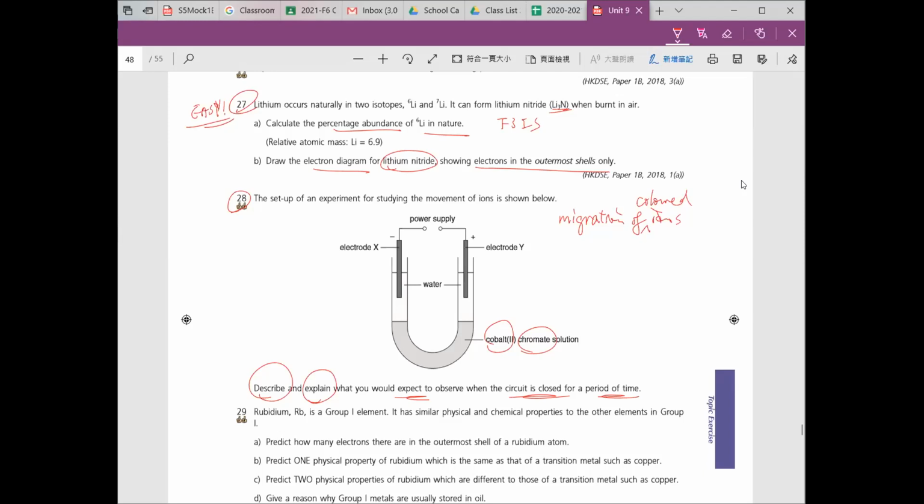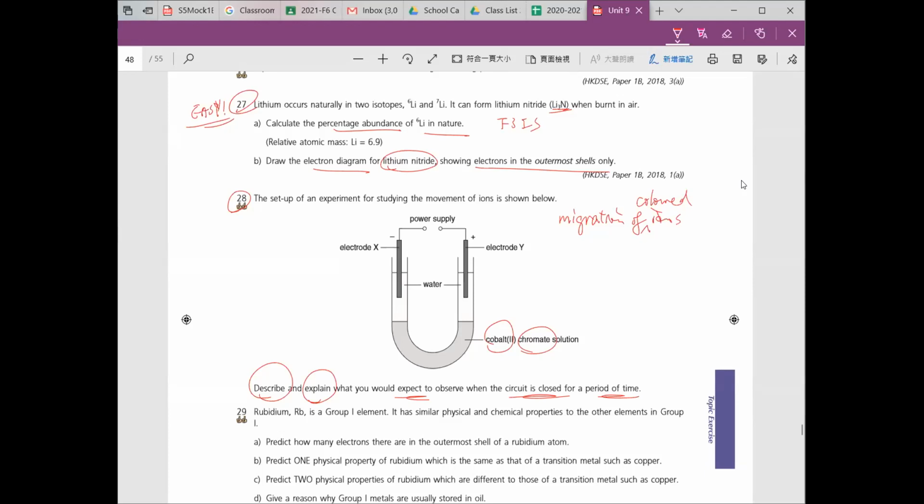Search. You're asking the god of Google. Tell me what is the color of cobalt(II) chromate? Blue. Why? Let me find. It's dark green. Why? Or green. I don't know. You don't know.